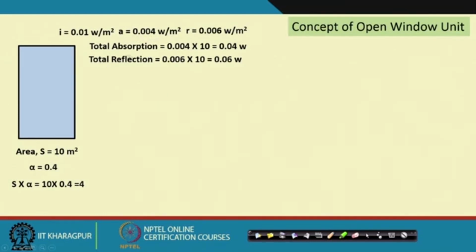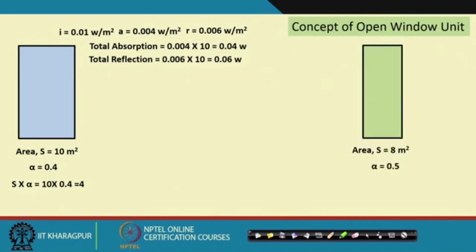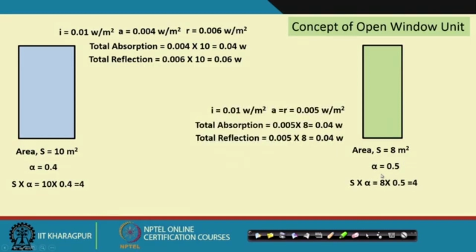So, the total absorption is 0.04 watt per meter square into 10 meter square. Very similarly, I take another surface of 8 meter square area with an alpha value of 0.5. The absorption is 0.05 into 8, which is the area. So, 0.4.